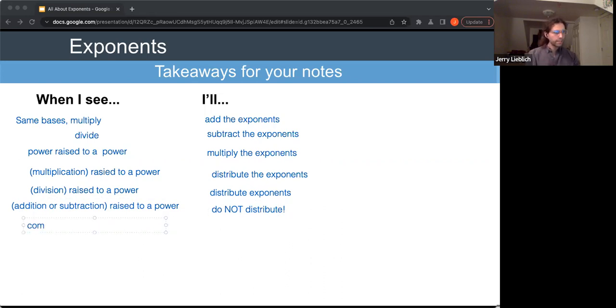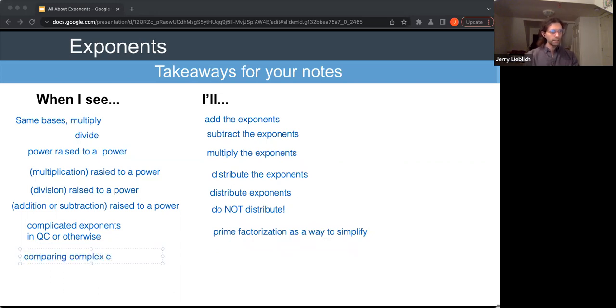When I see complicated exponents in QC or otherwise, QC meaning quantitative comparison, I'm going to try prime factorization as a way to simplify. If I'm comparing complex exponents in QC, I want to make things match.